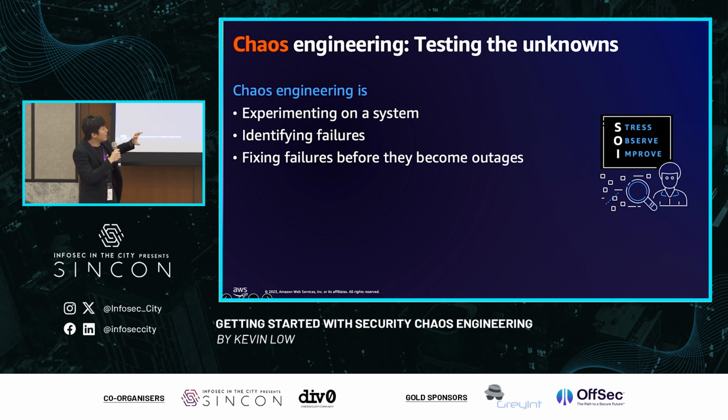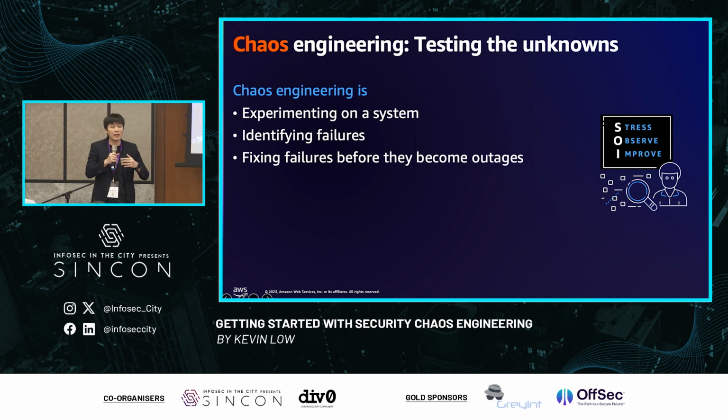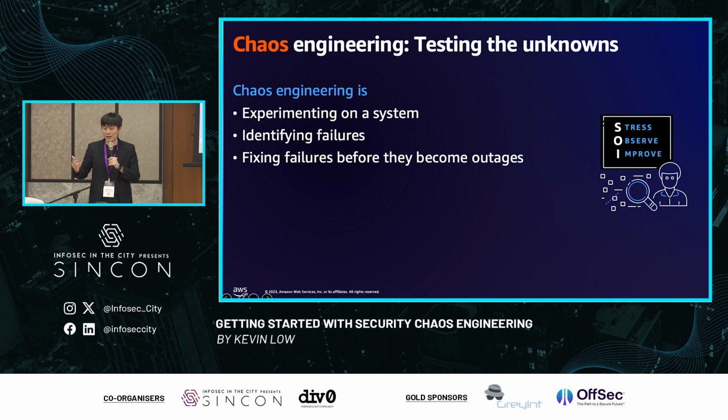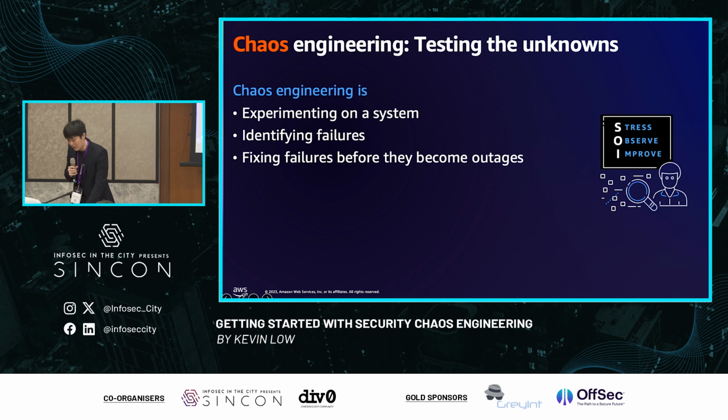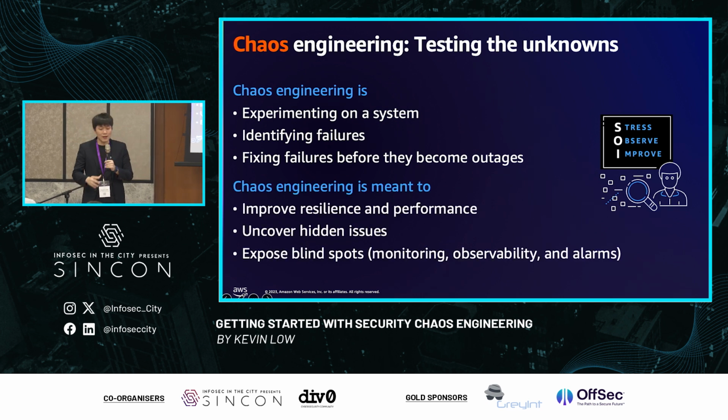Whereas when you run a chaos engineering experiment, you are changing part of a system in order to collect new information, collect evidence of things that you may not have thought of. Those are the unknown unknowns. So the strength of chaos engineering here is to reveal these blind spots which you may not have thought of earlier.